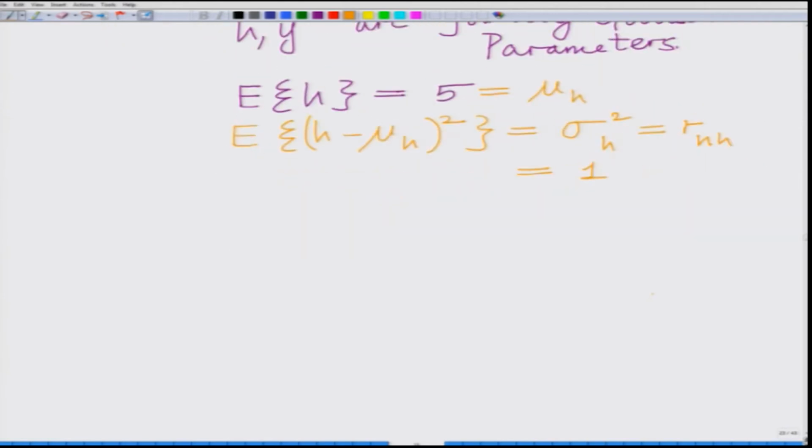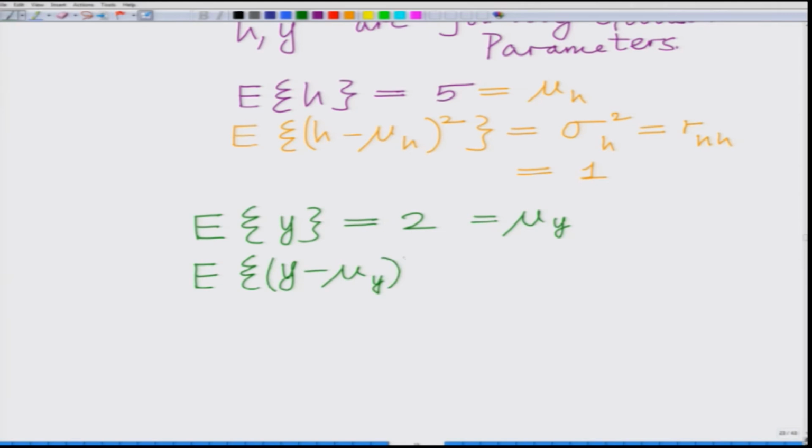Now, consider expected y equals, let us say, 2, which is mu y, and expected y minus mu y whole square, which is sigma y square, which is basically r y y, let us say equal to 4. Sigma y square equals 4, which means sigma y equals 2.